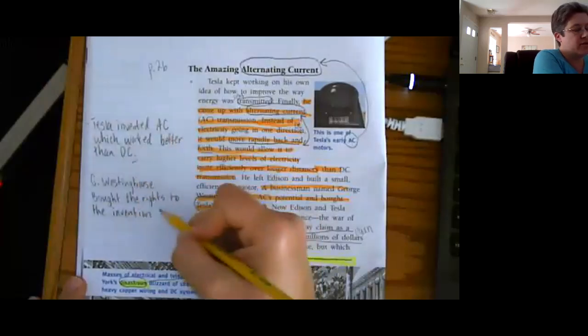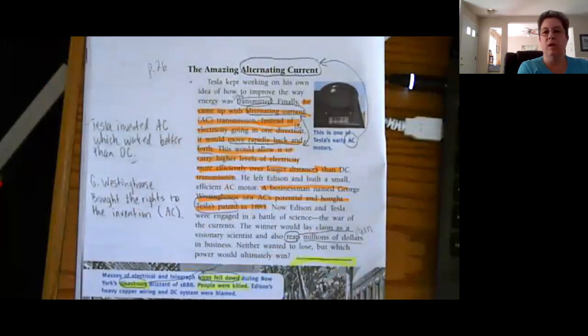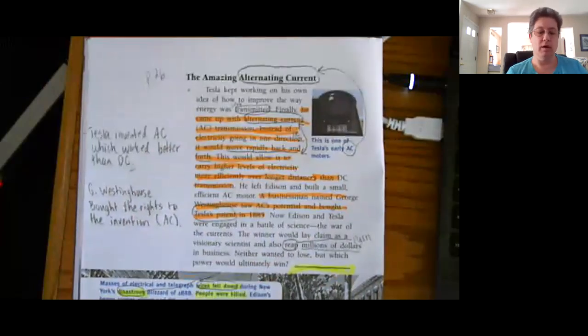Bought the rights to the invention, or to the AC. And he was the one who turned it into a money-making business. Okay, so those are our key details. If you need to pause to continue writing them down, go ahead.